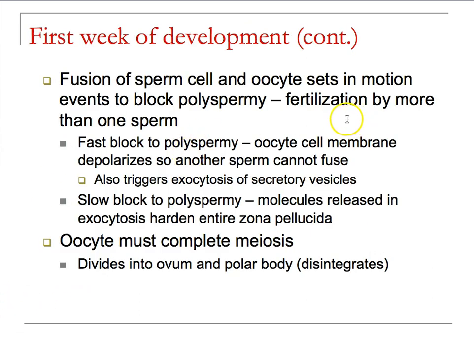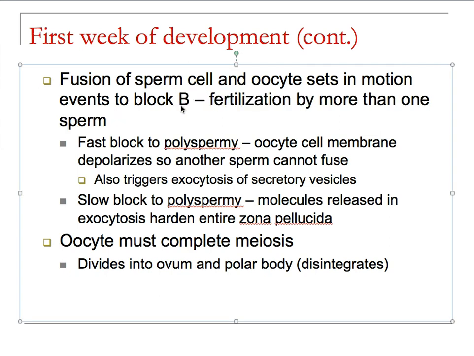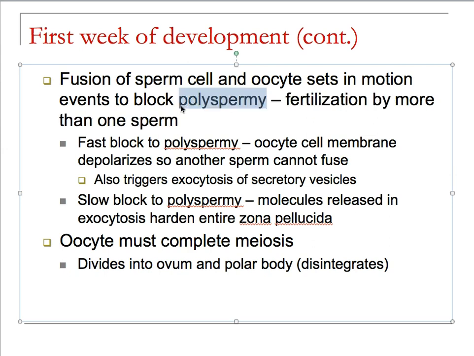A series of mechanisms have to stop more than one spermatocyte from getting in, and that would be called polyspermy, where more than one sperm actually gets in. So a fast block creates the mechanism that stops other sperm from fusing.